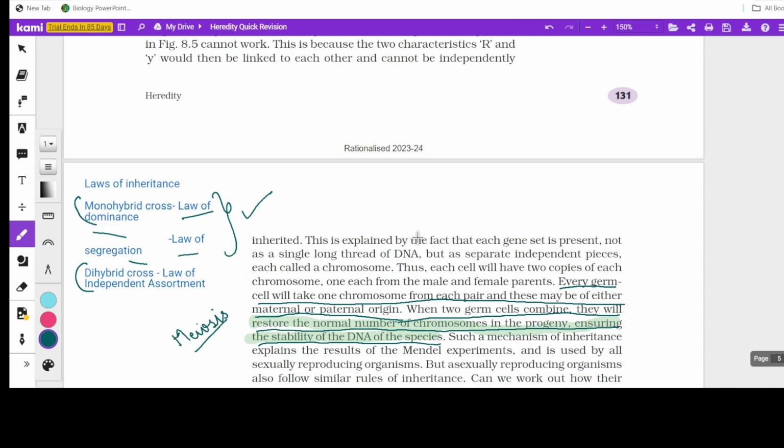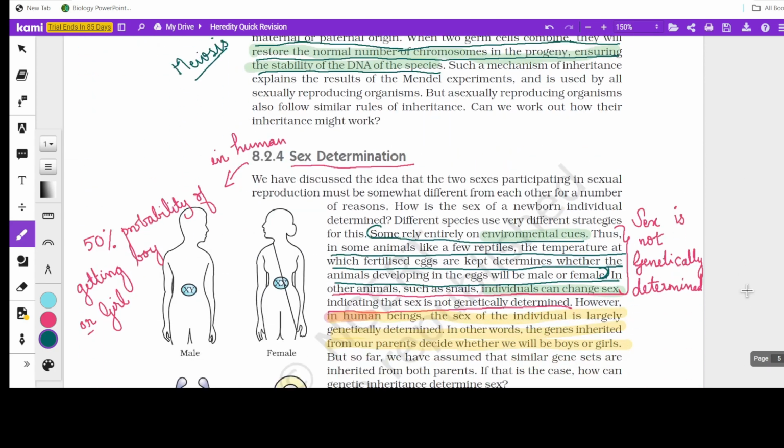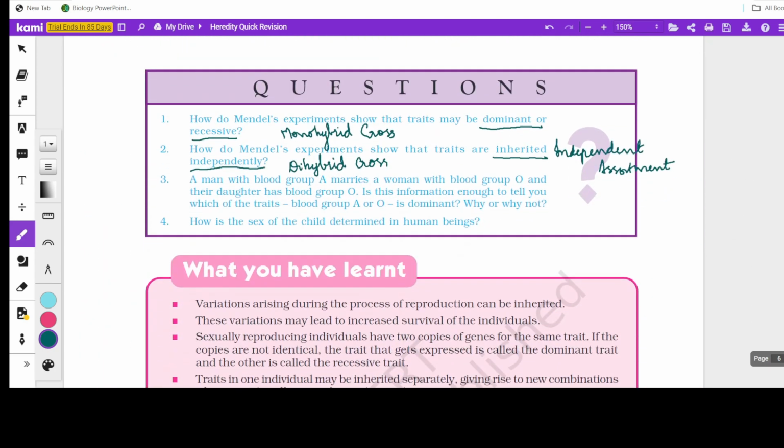Okay, why do I say this? Because look at the question here: How do Mendel's experiments show that traits may be dominant or recessive? So which cross will you write and what will you write? You may get confused. If it is based on the law of dominance, then you have to explain the monohybrid cross.